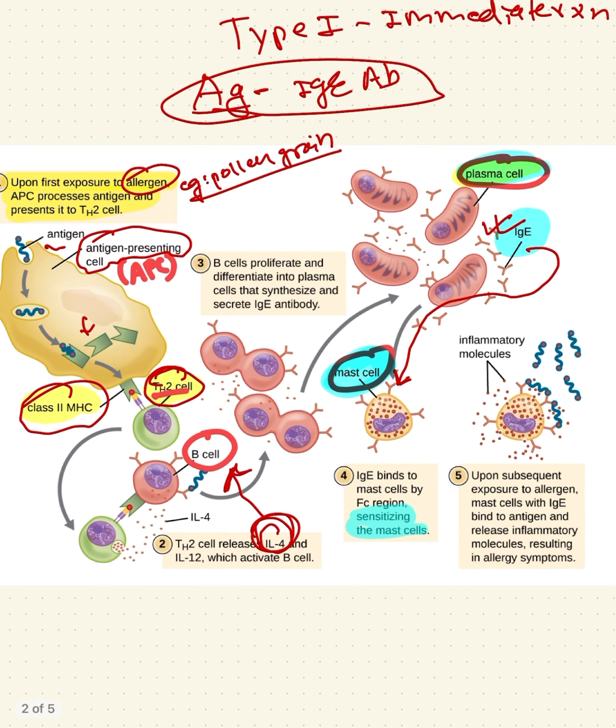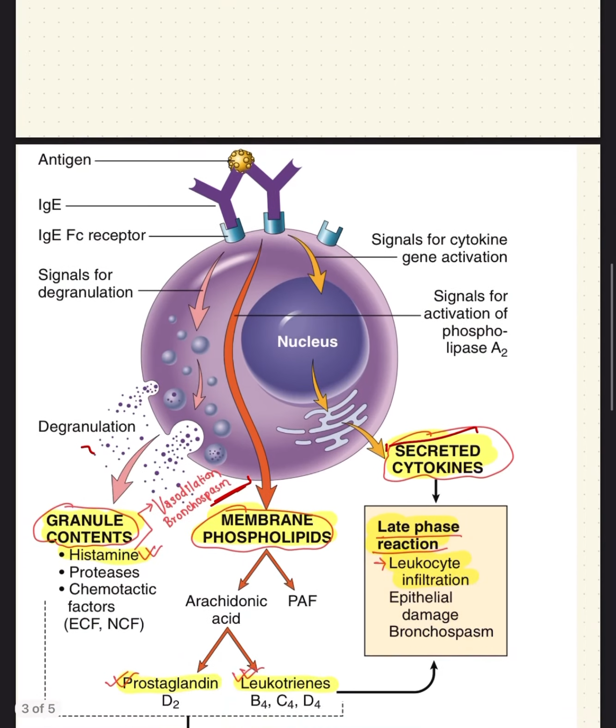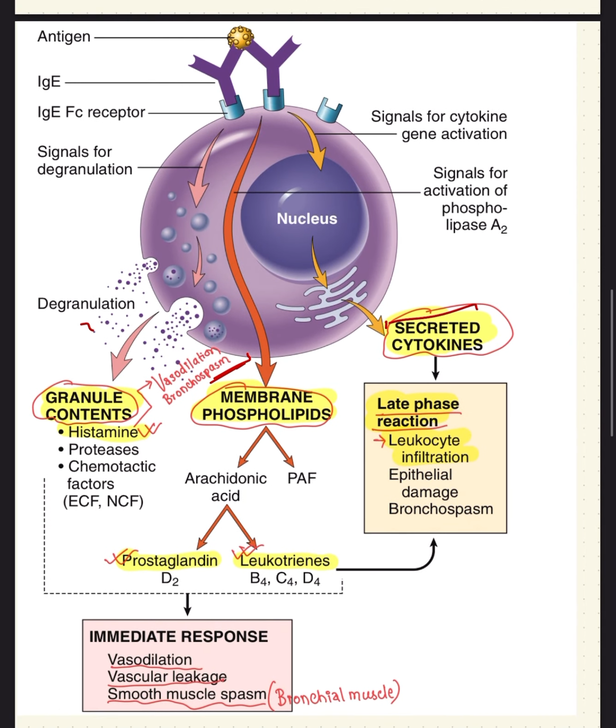There will be the sensitization of the mast cells, but upon the secondary or subsequent exposure, there will be the degranulation of the mast cells and release of the inflammatory molecules. Let's see here the mast cell, right? As I have already said, at first there will be the antigen, and this antigen will get attached to the IgE antibody.